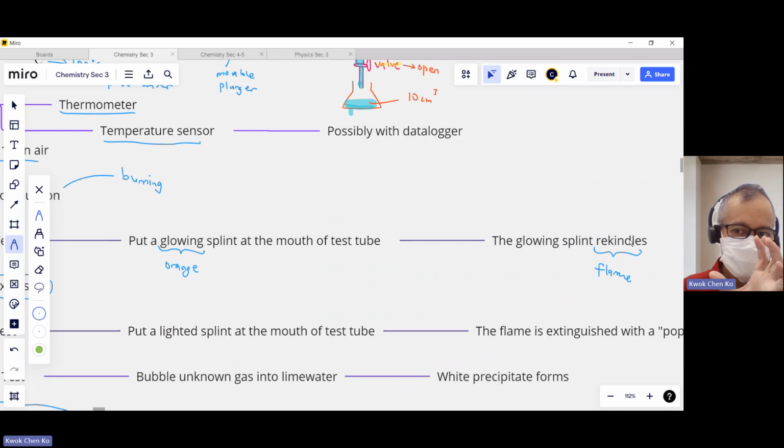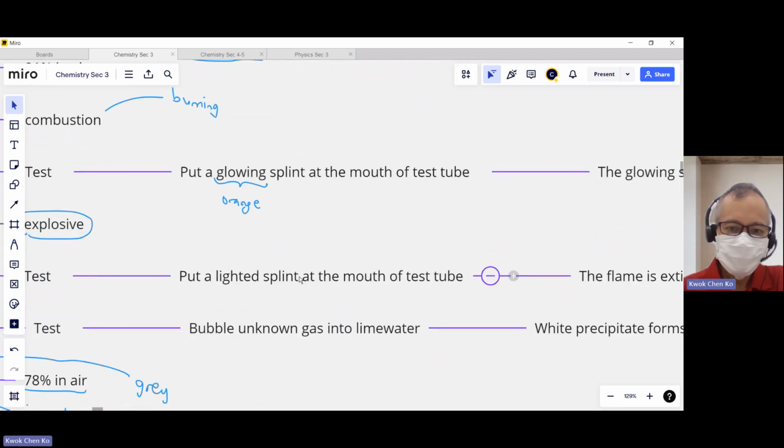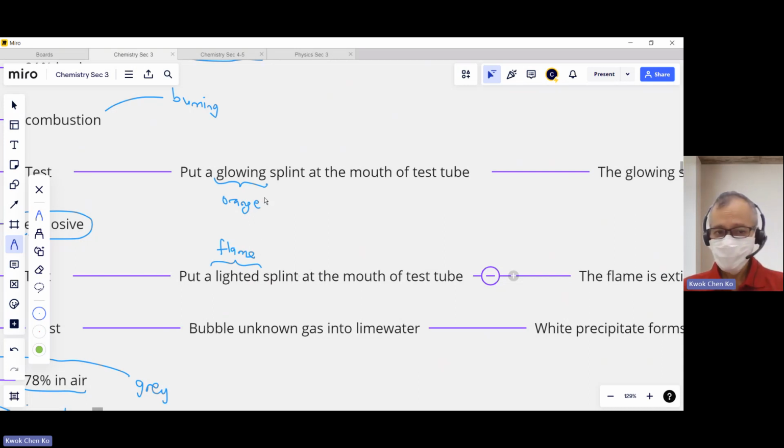You see a flame and it rekindles. And also, just compare with lighted versus glowing. Lighted means a flame is present. You really see it burning. Whereas orange glow is on the verge of being extinguished.